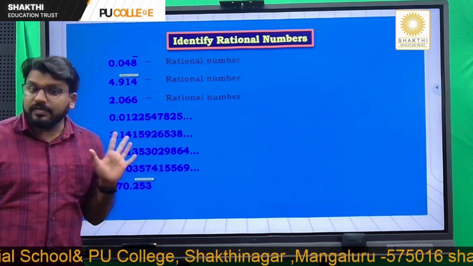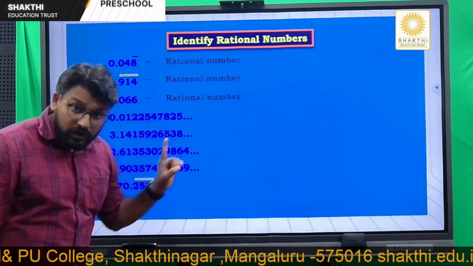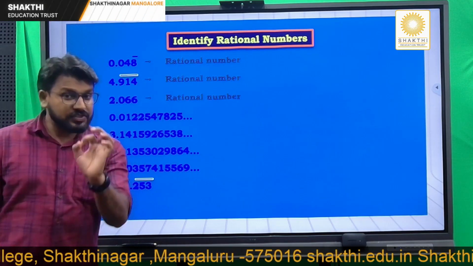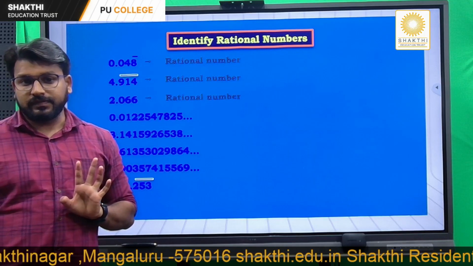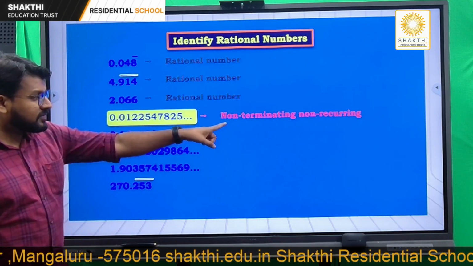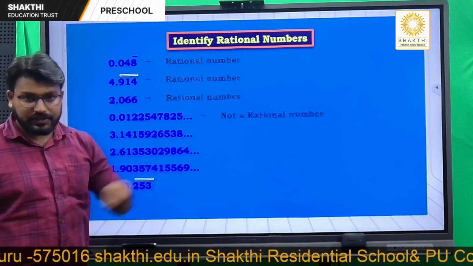Nowhere can I see something repeating, isn't it? So it is non-terminating but non-recurring. So such numbers are not rational numbers. You got my point? Exactly. So this is non-terminating and non-recurring, hence it is not a rational number.